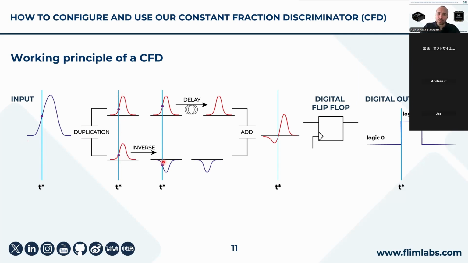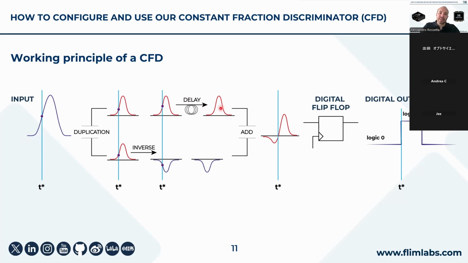Then one of the two copies gets inverted, meaning that we invert its polarity internally in the CFD, and the copy that was not inverted gets delayed. We'll see in a bit how we can delay and what we are using for delaying the signal.